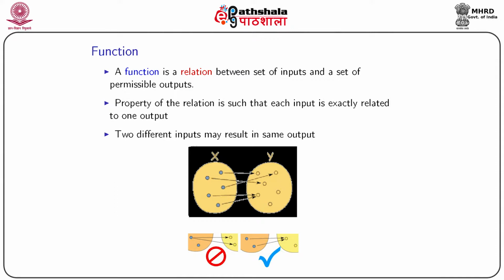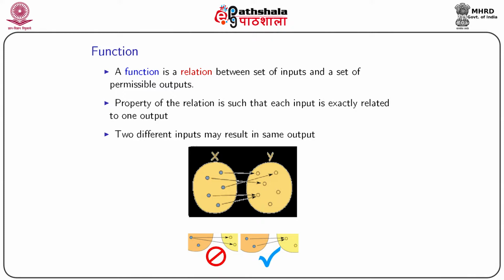That means we can't have two different outputs for the same input. If something like that happens, then it is not a function. Two different inputs may result in the same output. That is permissible. So for two different inputs, we may get the same output.